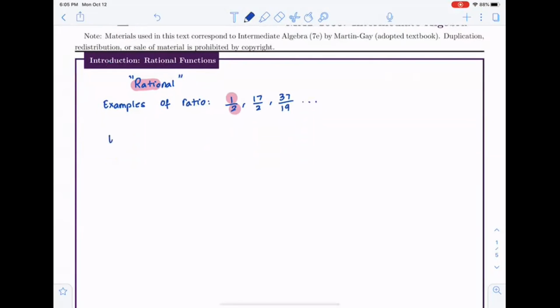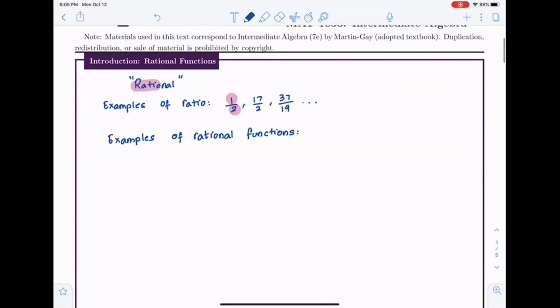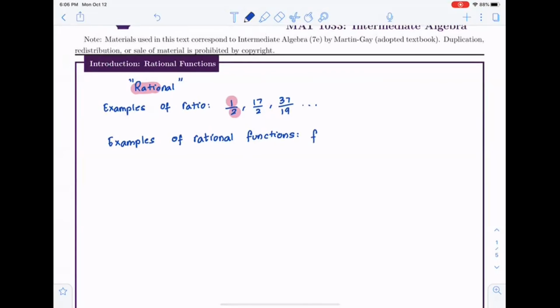So for example, we all know a linear function y equals mx plus b. So let's just take a line, a simple line, x plus 1, and another line, 2x plus 5. And I'm going to divide the two.